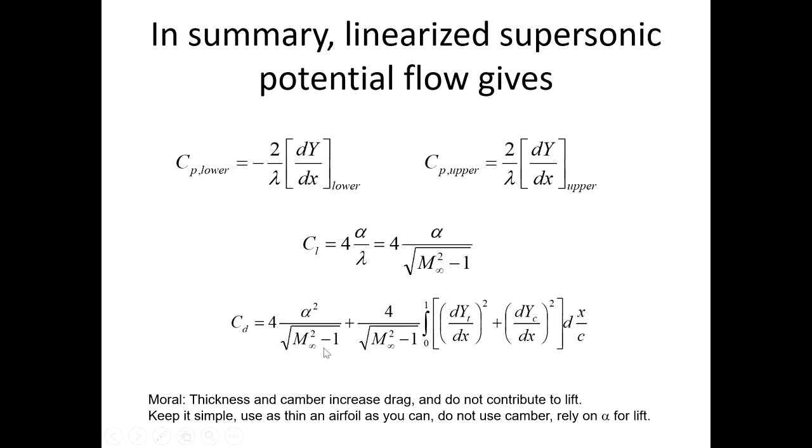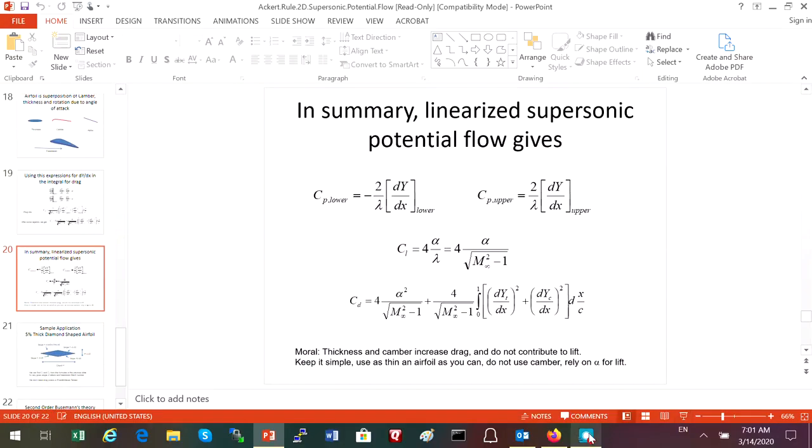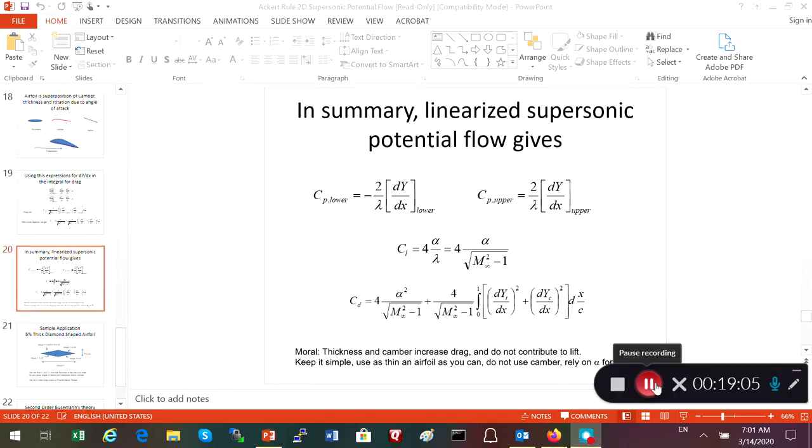In fact, for a flat plate airfoil, the thinner the better from a drag perspective, also from the lift perspective, because camber doesn't do an ounce of good for us. It only messes up things in terms of drag. So we're going to stop at this point, and in our next recording, we will show some solutions, analytical problems, and show you how this works.